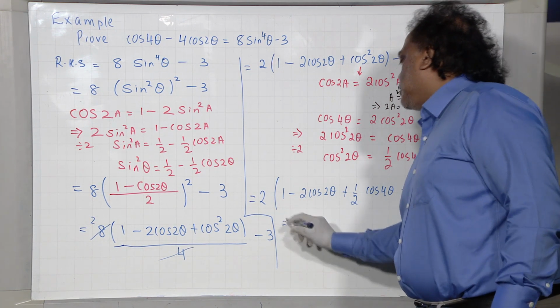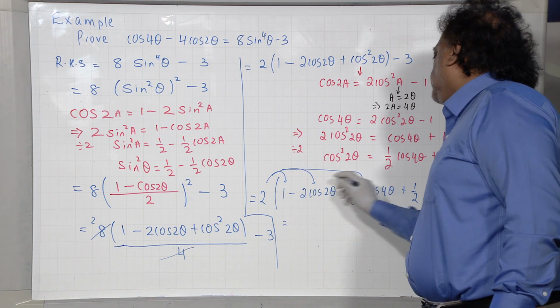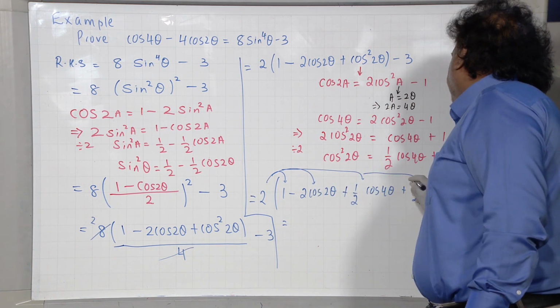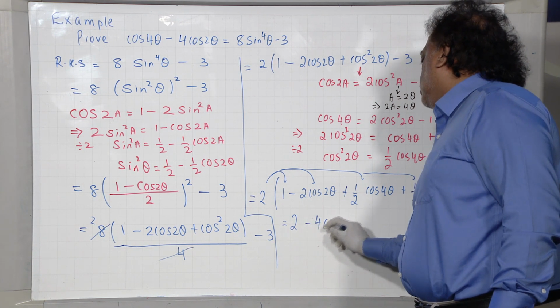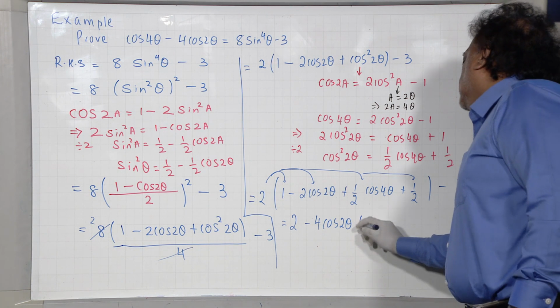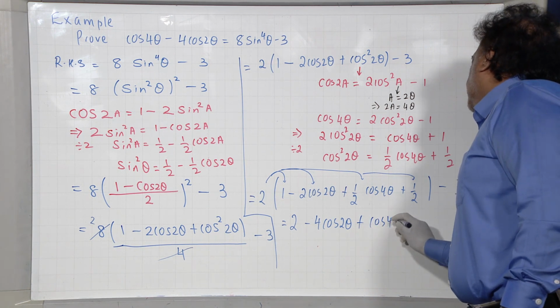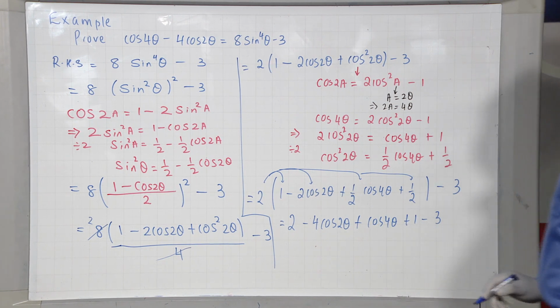Let's simplify, multiply all the terms by 2. So this will become 2 minus 4 cos 2 theta plus cos 4 theta plus 1 minus 3.